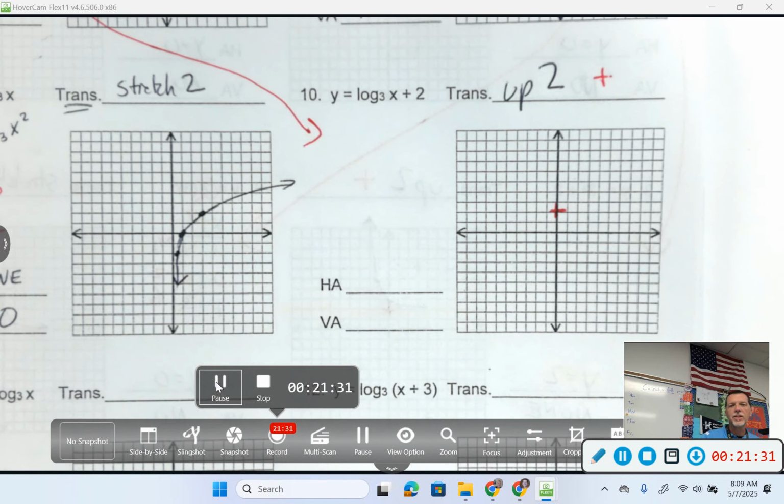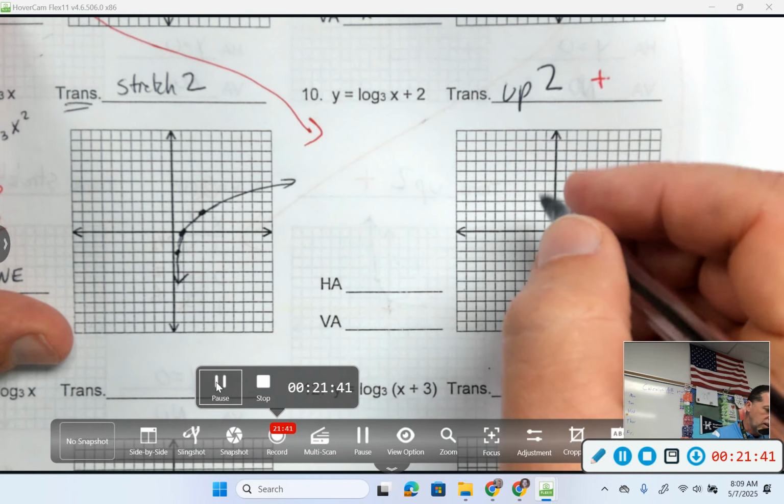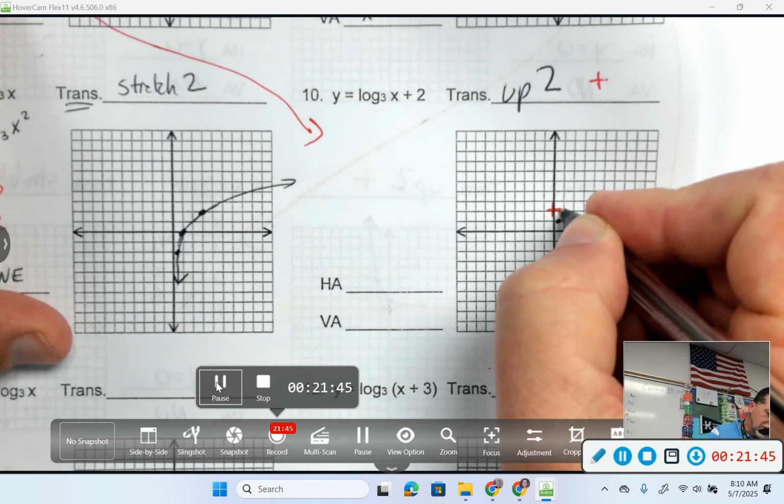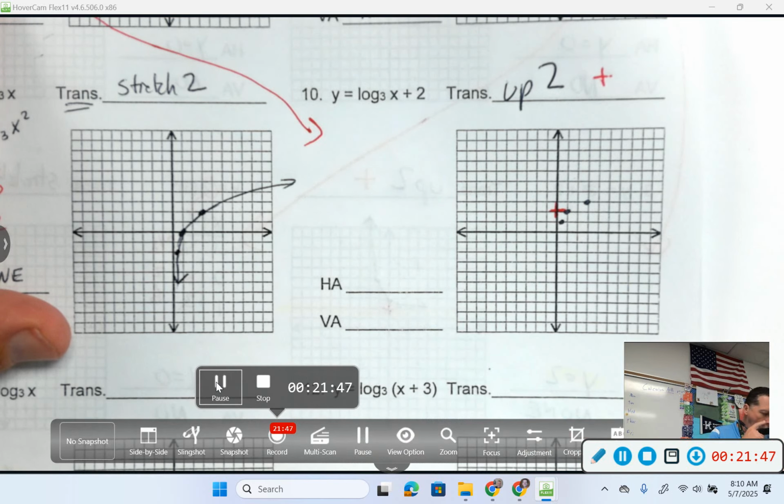So I'll put my new origin up 2. I already have the table. You can rewrite it if you want to, but you can just look back at it, especially since you don't need to change it. Third, -1, 1, 0, 3, 1.